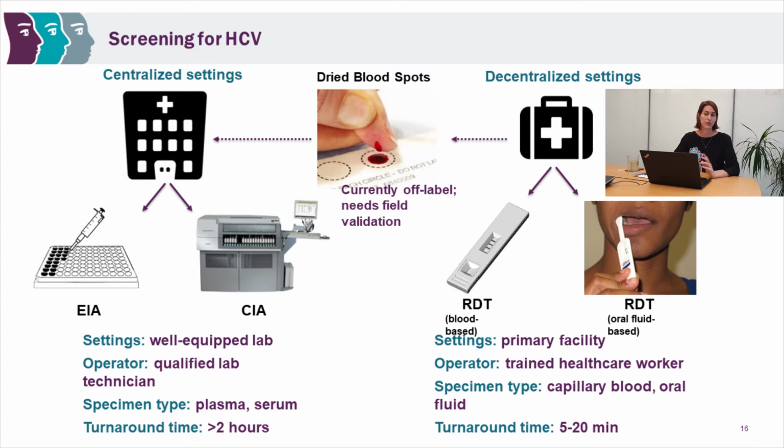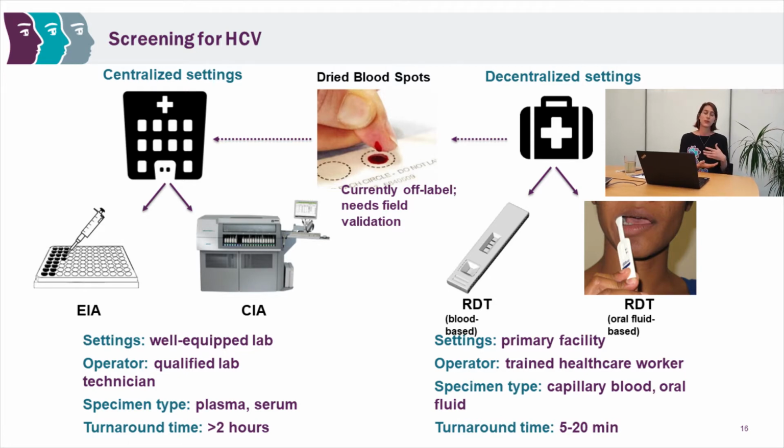In these settings, you can screen for hepatitis C using EIA or CIA, which are again these large platform machines. These require a well-equipped lab with good constant electricity, a qualified lab technician, and these are done on plasma and serum, and they usually take around 2 or more hours to complete.